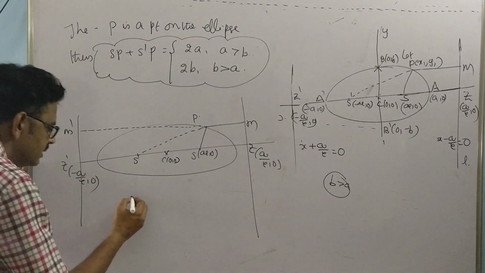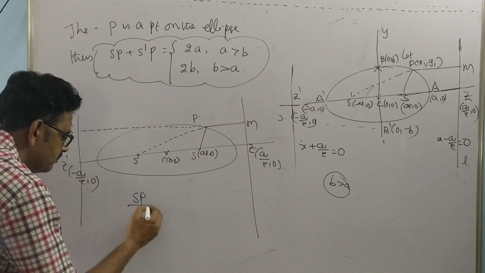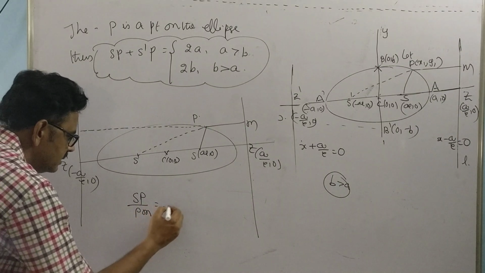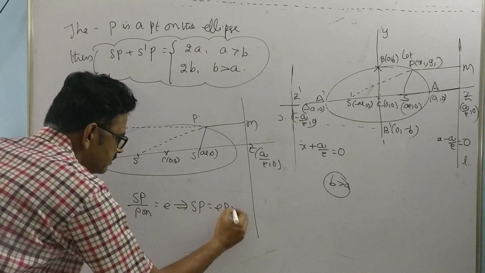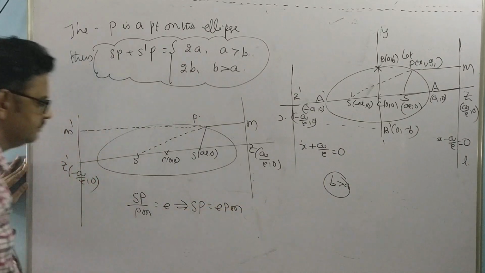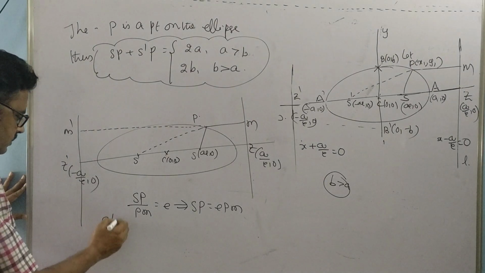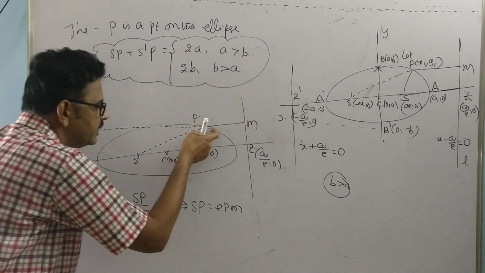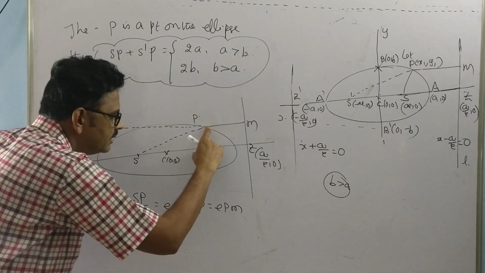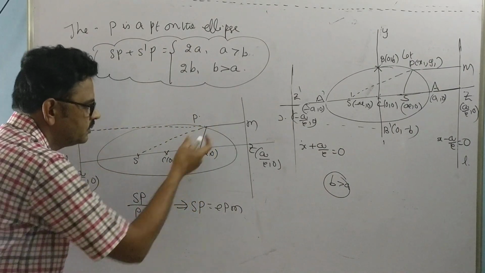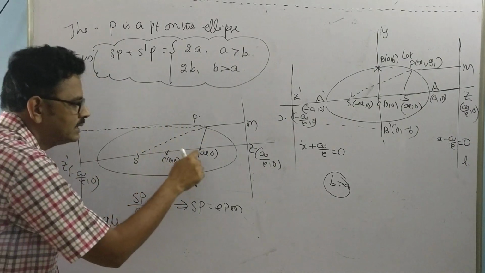Now according to the definition, SP by PM is equal to what? E. This implies SP is equal to E times PM. Also, P is a point on the ellipse. What is the definition? SP by PM equal to E, where S is focus.